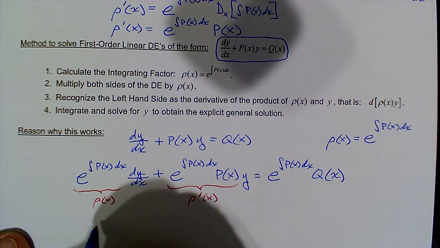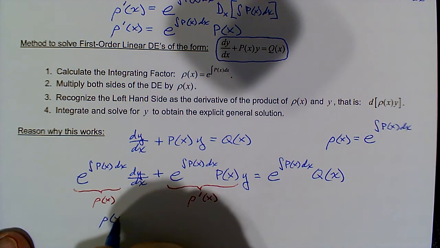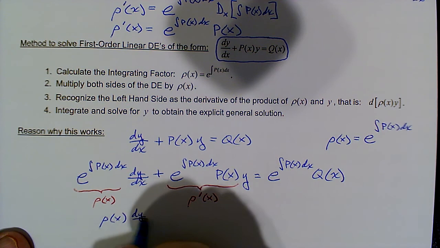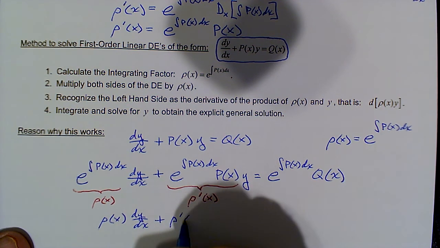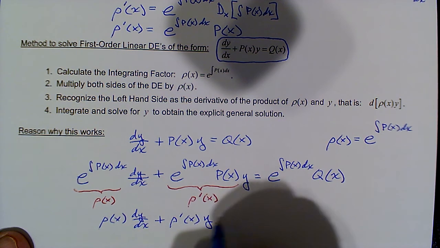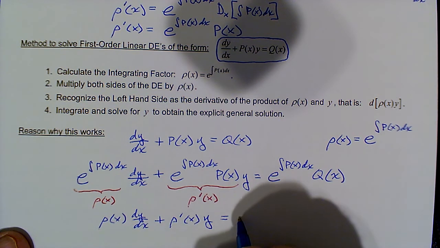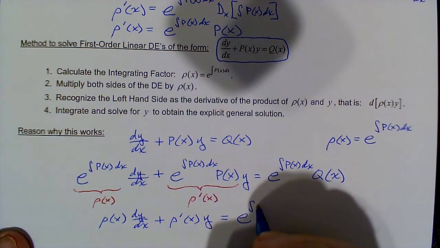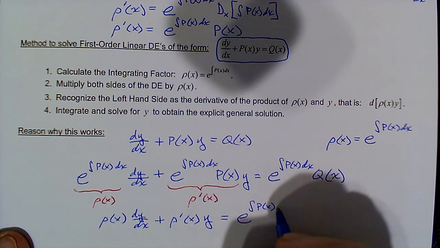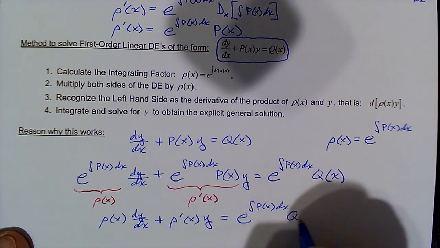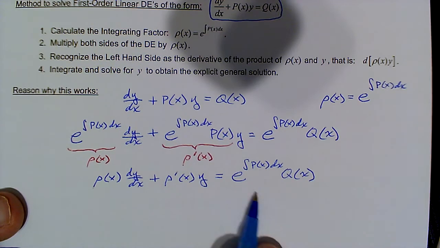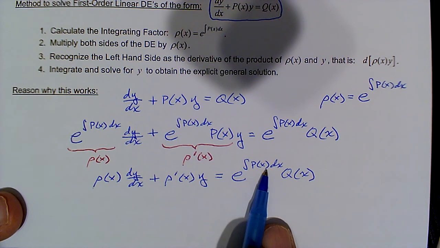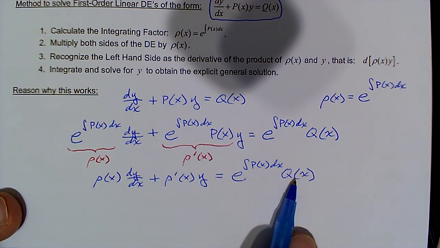So therefore what we have is rho of x dy dx plus rho prime of x times y equaling, and the right-hand side we're really not majorly concerned about, because notice that that's going to be an integral that's entirely a function of x, because you have e to some power that involves x times q of x.